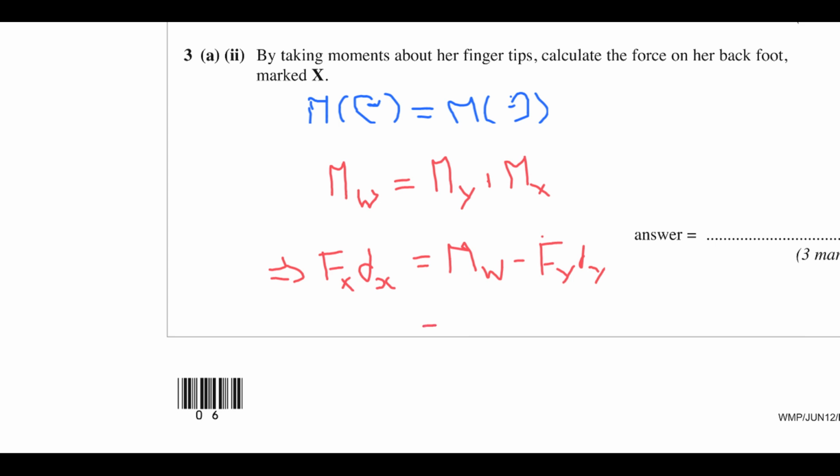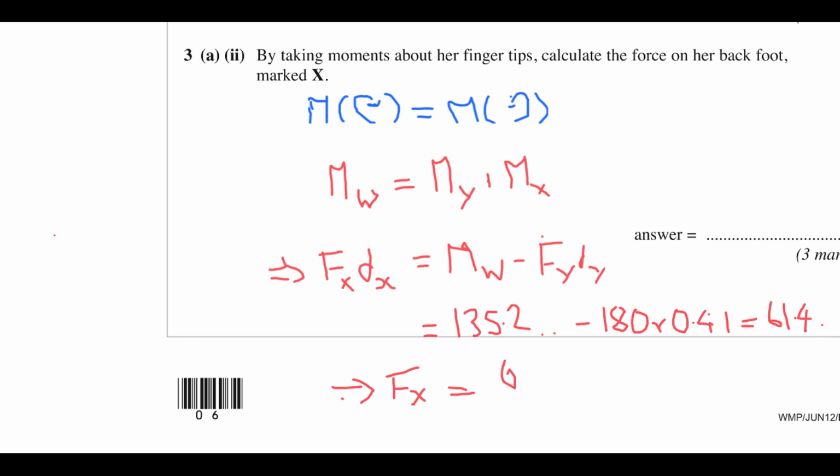So this was 135.2. This one is 180 times 0.41. And what we can do is then calculate the force at X. So our value for this comes out at 61.4.